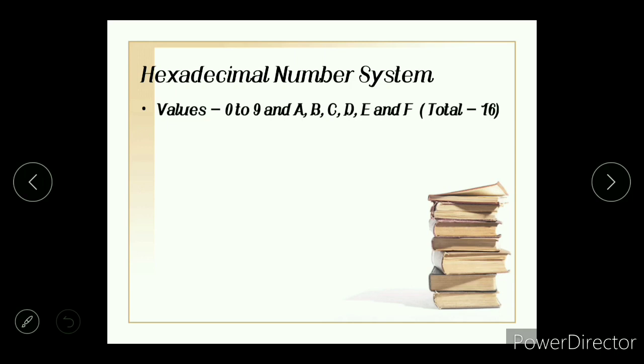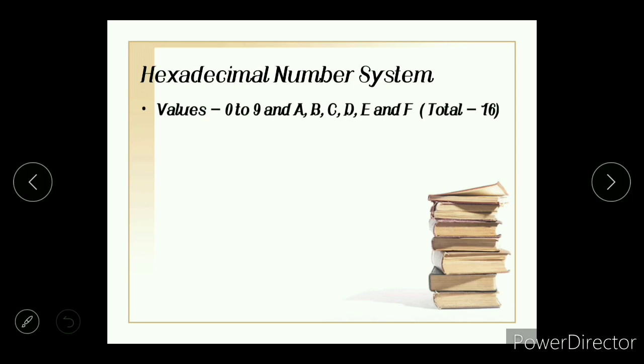So hexadecimal number system has numbers starting from 0 to 9, and then it has letters A, B, C, D, E and F, total making it 16. Okay, I'll repeat. In hexadecimal number, you have values starting from 0 to 9. So you'll have all the values 0, 1, 2, 3, 4, 5, 6, 7, 8 and 9.